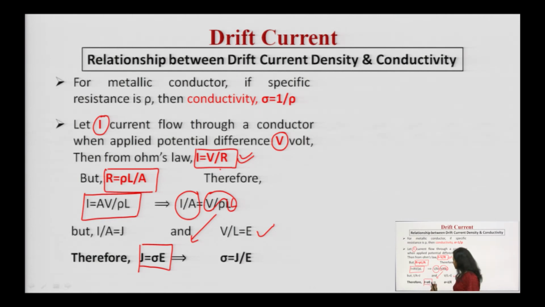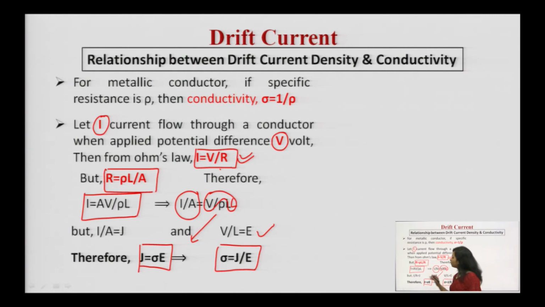J is sigma into E. From here, sigma is the conductivity, which is the drift current density upon the applied electric field. So this is how you can derive the relationship between the current density and the conductivity.